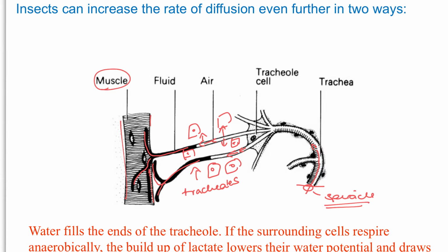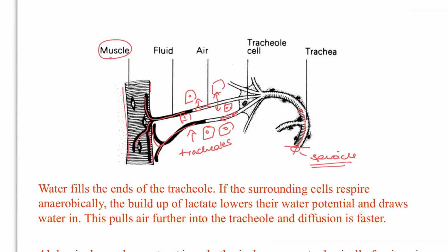So we've got a couple of things that we see in this diagram that enable them to change their rate of gas exchange. We're going to talk about both of them. The first is the muscles. So these muscle cells rhythmically contract and relax. As these abdominal muscles rhythmically contract and relax, they physically force air in and out of the spiracles. This is essentially exactly the same way as you breathe in and out.